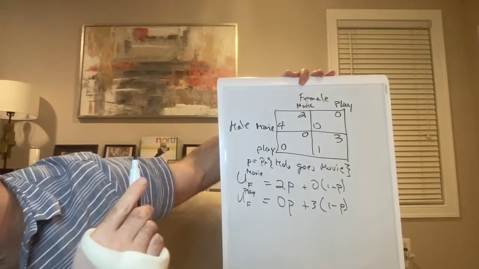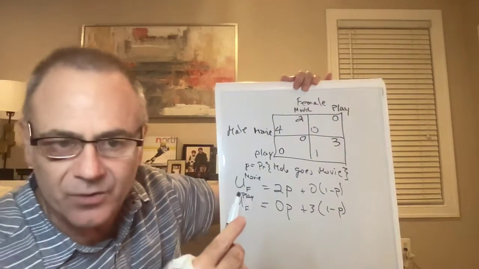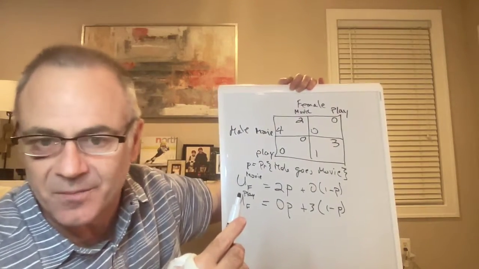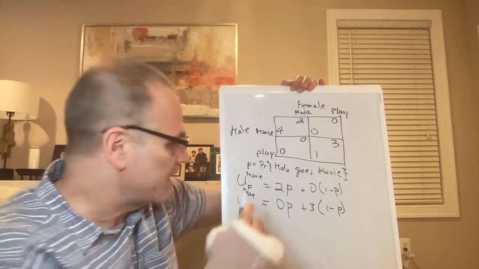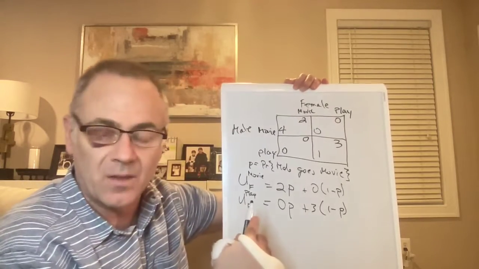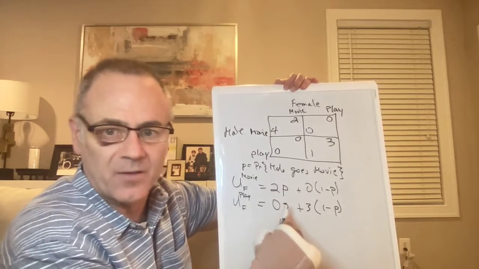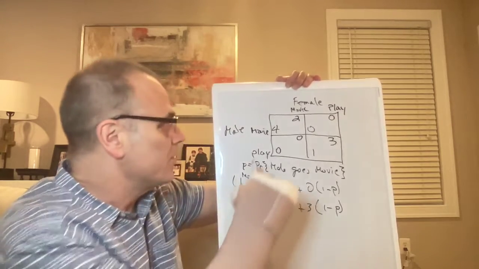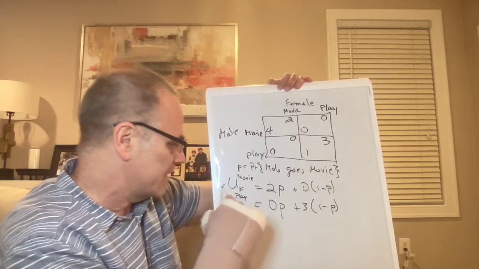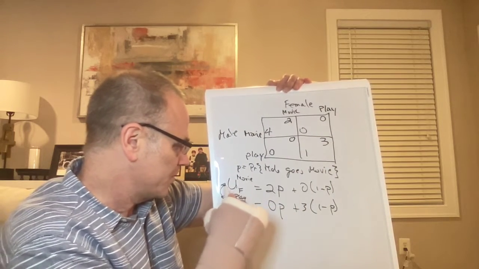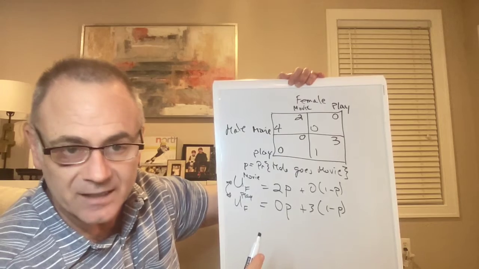And tell you what, I'm not going to do the arithmetic here or the algebra, so you can solve now. And then the final thing is, for P to be part of an equilibrium, the female must be indifferent, so we must set these two utilities equal to each other.